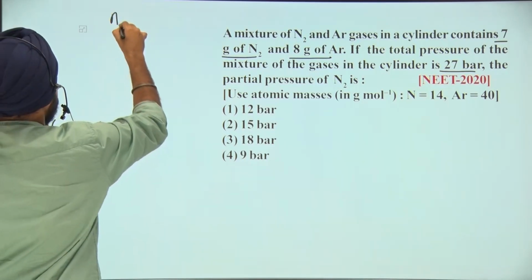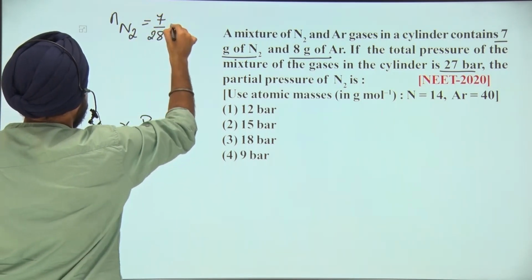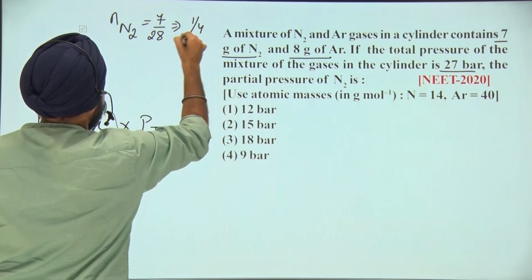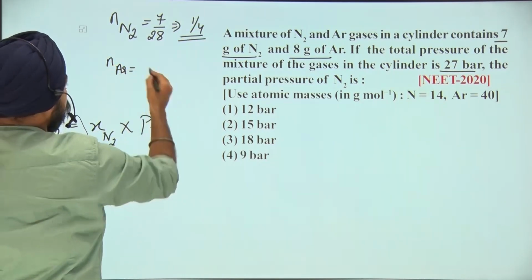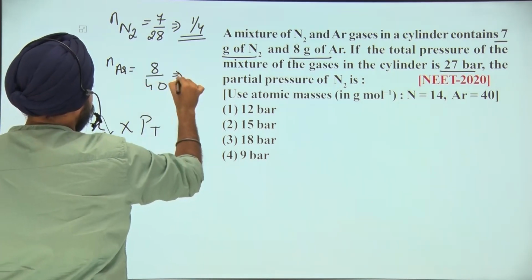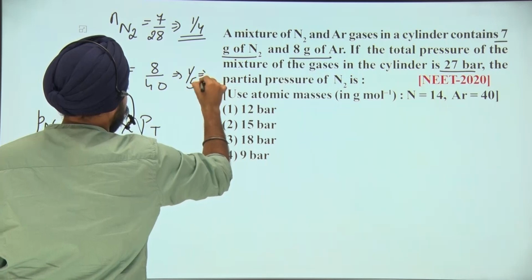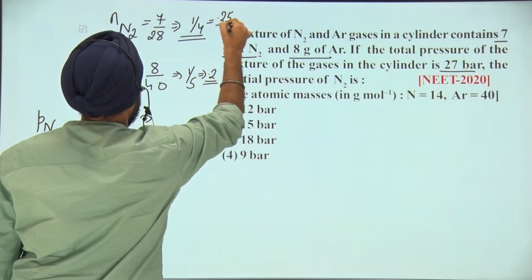The moles of N2 will be 7 by 28, which equals 1 by 4, that is 0.25. The moles of argon will be 8 by the atomic weight of argon, which is 40, so this comes out to be 1 by 5, that is 0.2.